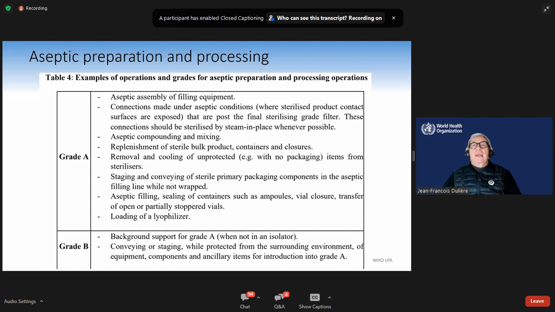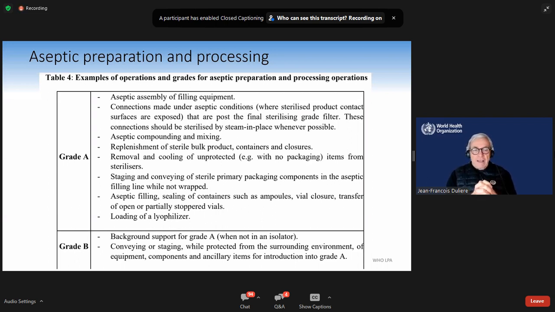What is allowed to do in the grade A area? It's aseptic assembly of filling equipment, connections made under aseptic conditions, aseptic compounding and mixing, replenishment of sterile bulk product containers and closures, removal and cooling of unprotected items from sterilizers, staging and conveying of sterile primary packaging components in the aseptic filling line while not wrapped.